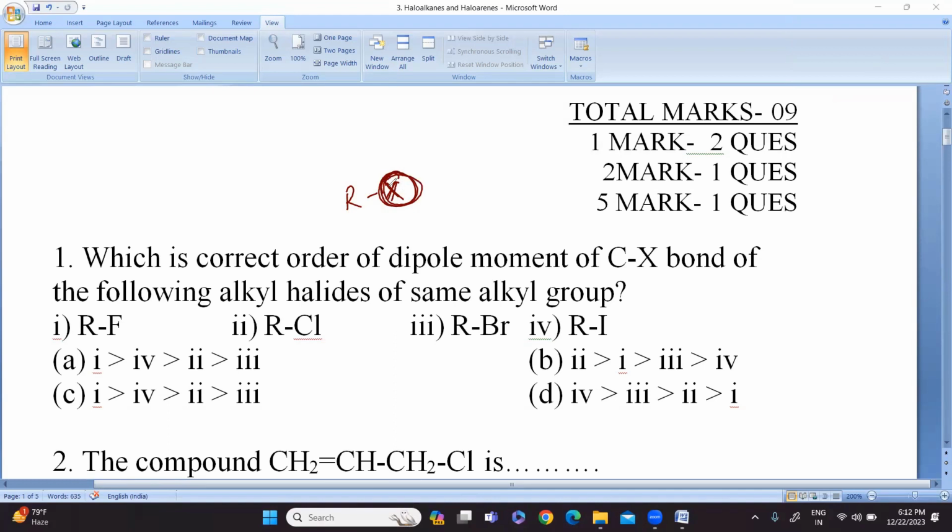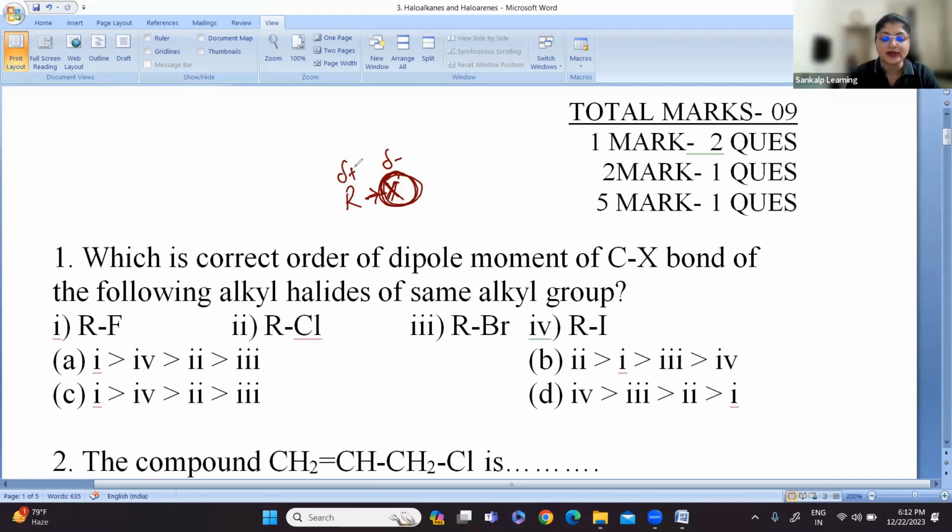It is a halogen atom. Halogen atoms are highly electronegative atoms. So they will tend to pull the electron towards themselves. So there will be a partial negative charge developed on the halogen atom and a partial positive charge developed on the alkyl.